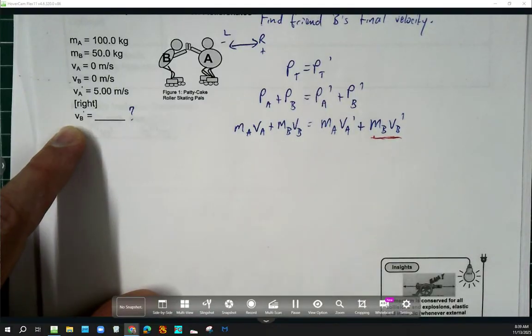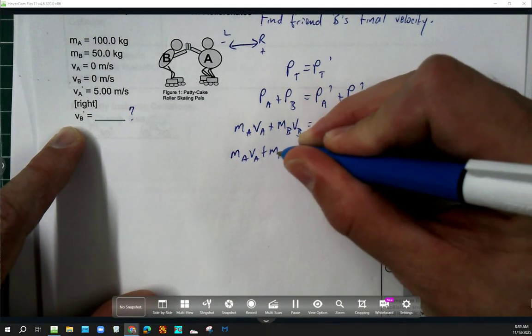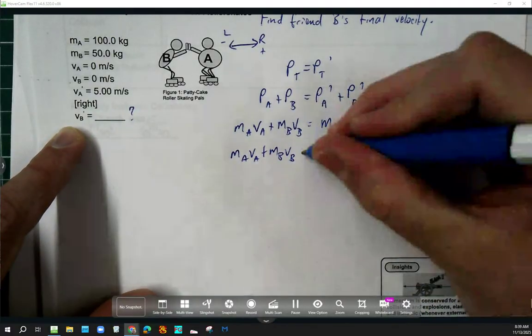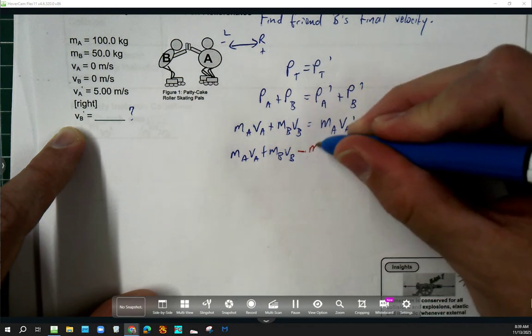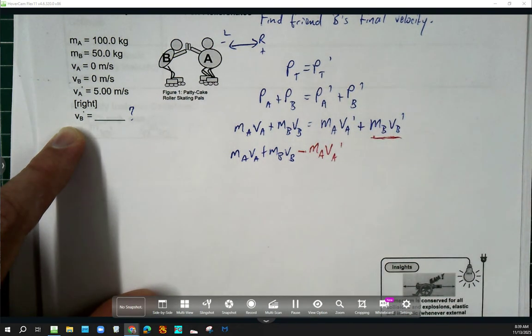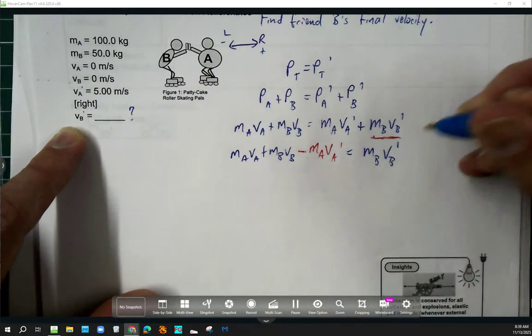So I'm going to subtract MAVA primed, and I'll throw in my operation in red. MAVA plus MBVB minus MAVA primed equals MBVB primed.